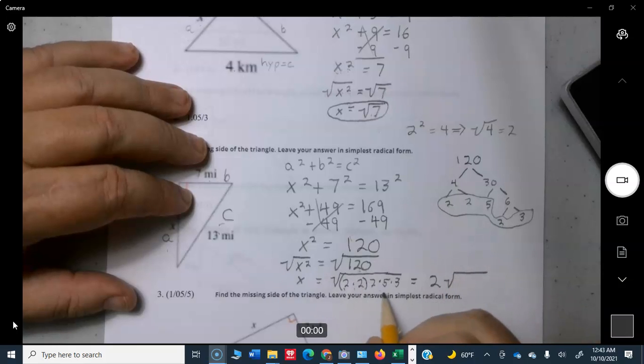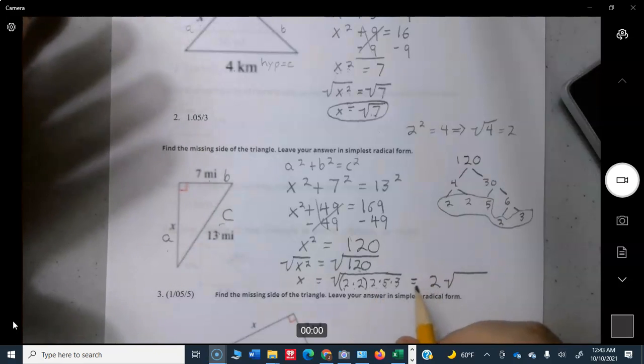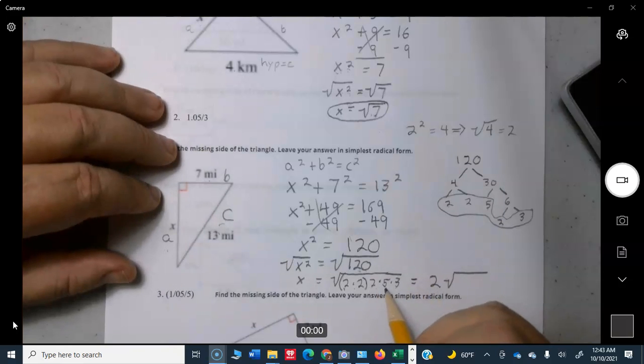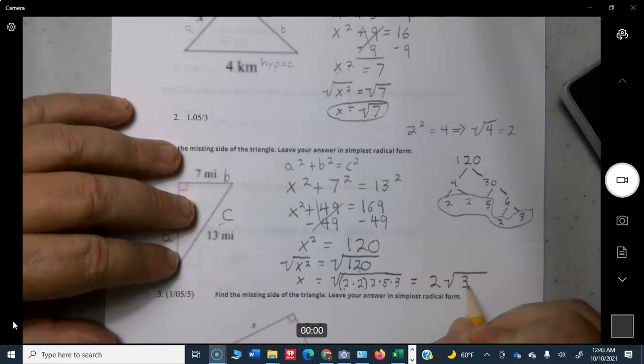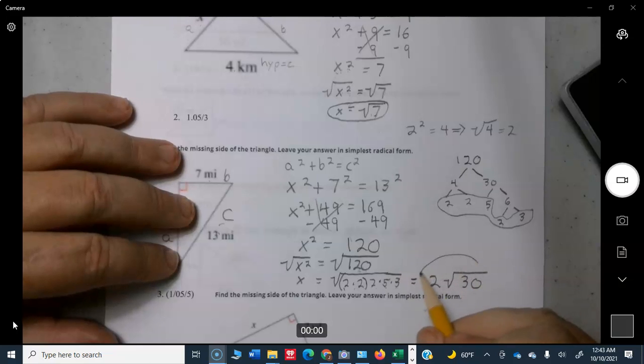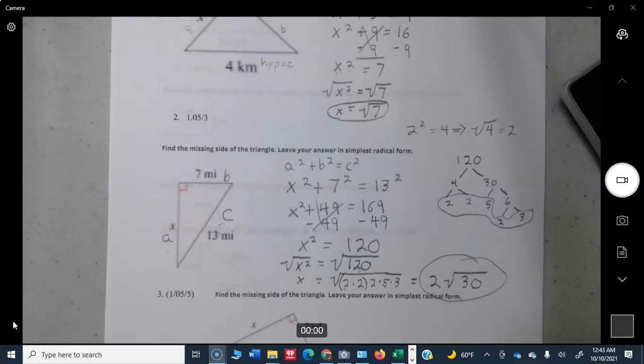Now once we pull these out, we have a 2, a 5, and a 3. Those don't pair up with anybody. There's no other 2 in there, there's no other 5, there's no other 3, so you have to leave them in there. So now you multiply them back together again. 2 times 5 is 10, times 3 is 30, so it's the square root of 30, and that's your final answer. Okay?